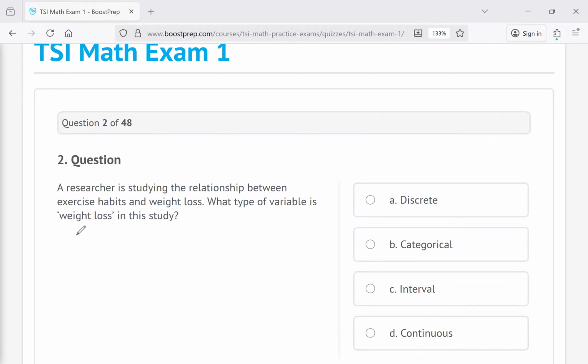I think weight loss is the dependent variable, so it's like a y value. A y value is technically a continuous variable. So I think it's going to be D. Weight loss is a dependent variable, meaning it's a y value, and that is going to be continuous. So I'm going to try D.